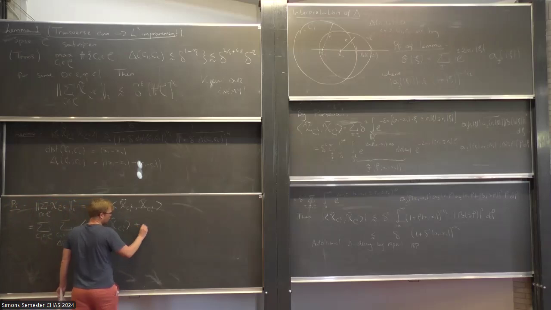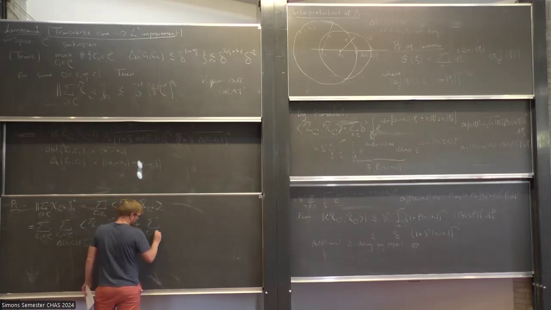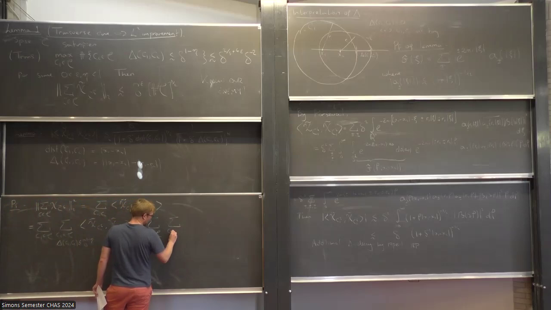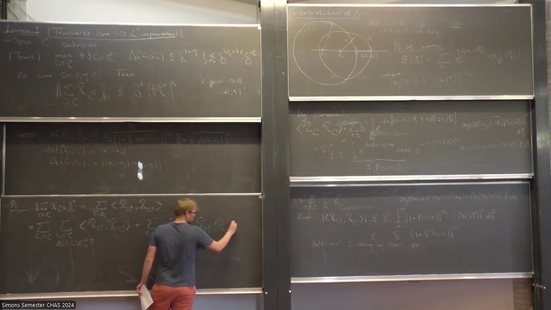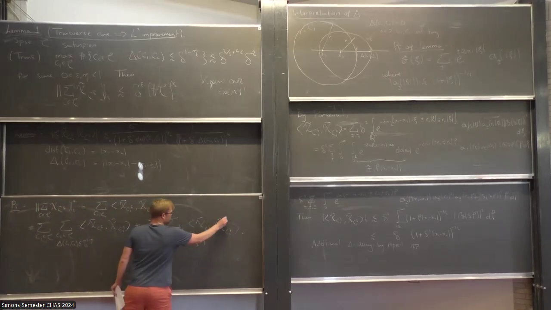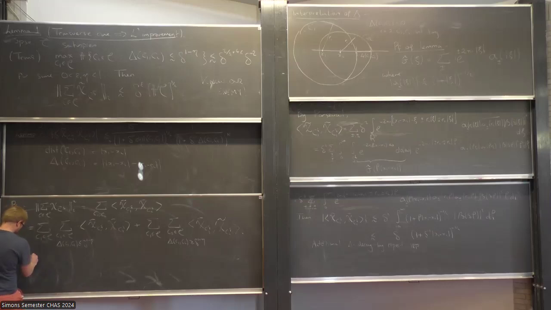And then we've got the remaining sum, over all C2s which form a transverse pair. And write this all out with these names. So call the first sum sigma tangential, and the second sum sigma transverse. Okay.